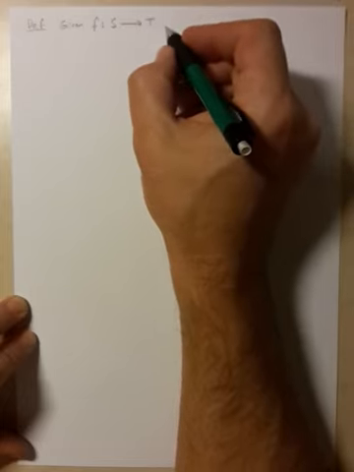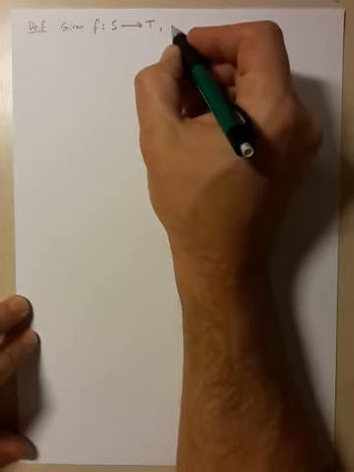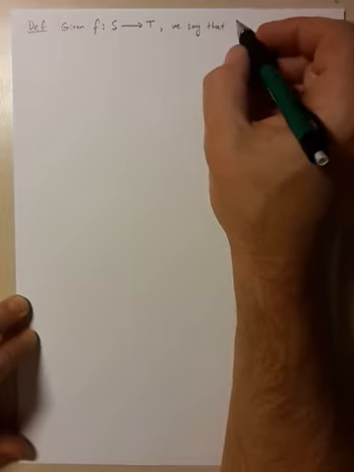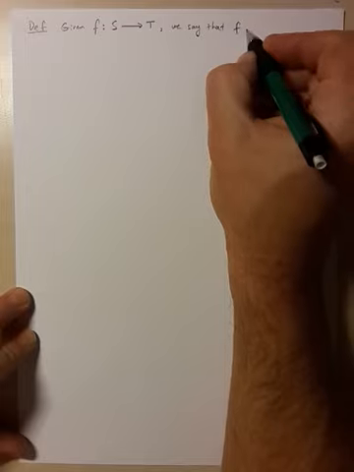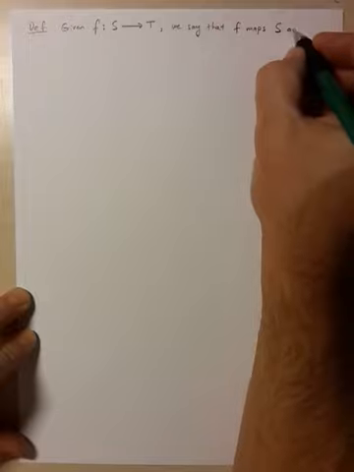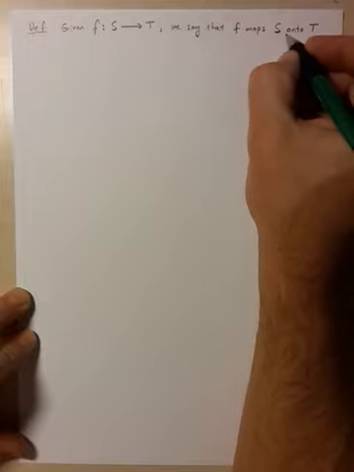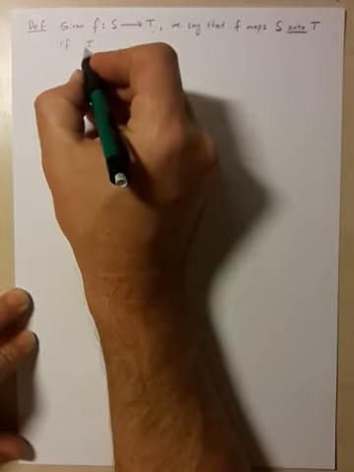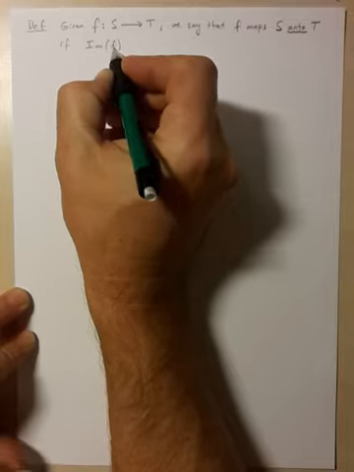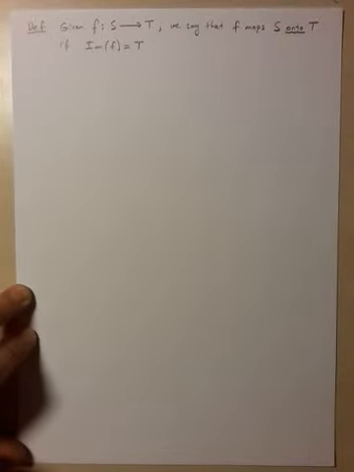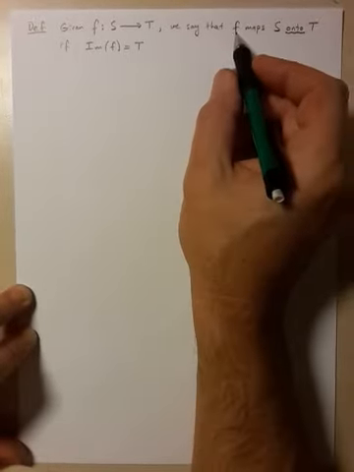Such a function is called, we say that f is onto, or f maps S onto T, if the image of f is exactly T, right? This is how we define an onto map, right?